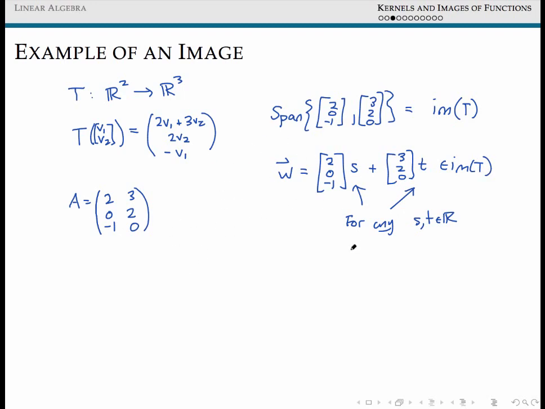So you might notice that the way that we constructed our kernels and our images of these linear transformations had to do with the structure of the corresponding matrix that we were looking at. So let's see how we can use MATLAB to do this a little faster.